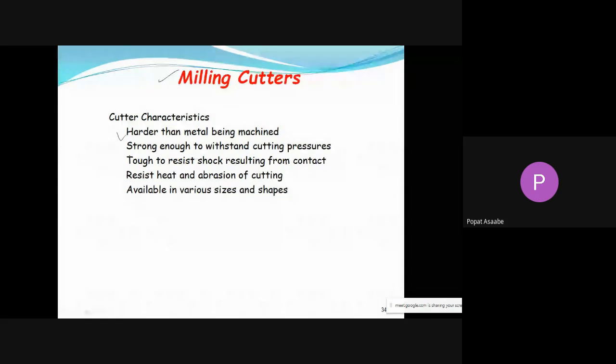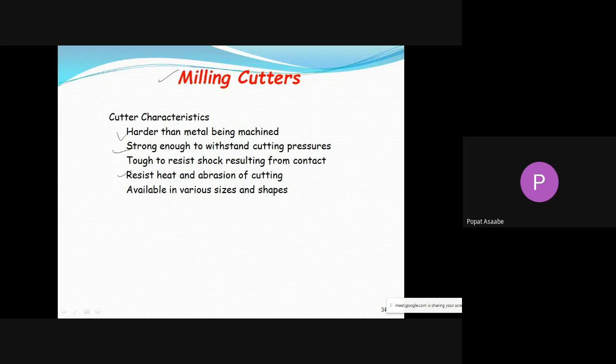Then it should be strong enough to withstand the cutting pressure. Then it should be tough, or resistant to the shock resulting from the contact. When your cutter contacts the workpiece, whatever shocks are generated, the cutter should resist them.